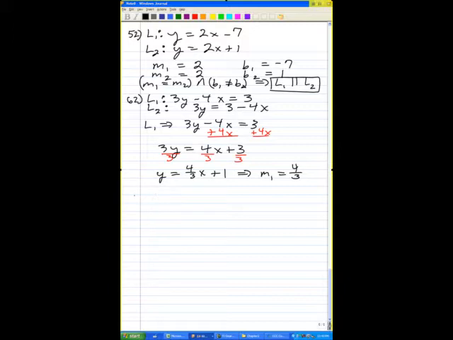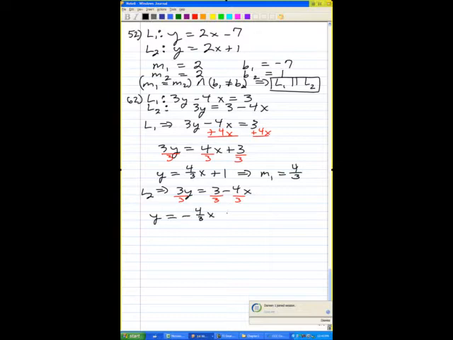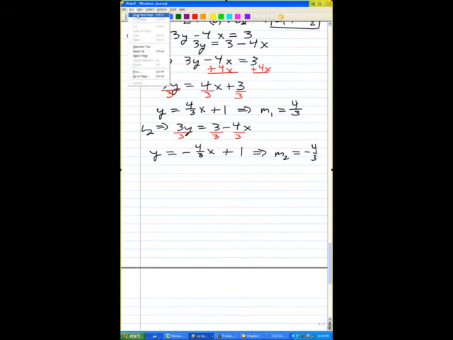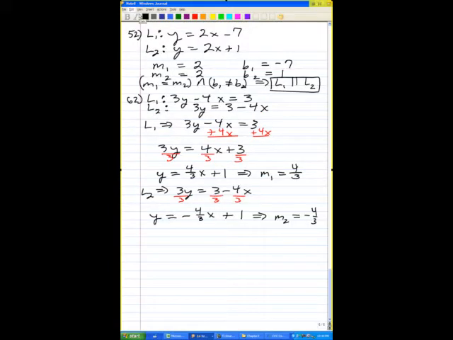Let's look at the second line. 3y equals 3 minus 4x. Divide both sides of my equation by 3. And so y is equal to negative 4/3 x plus 1. So therefore the slope of the second line is equal to negative 4/3. Well, these two lines are not parallel.